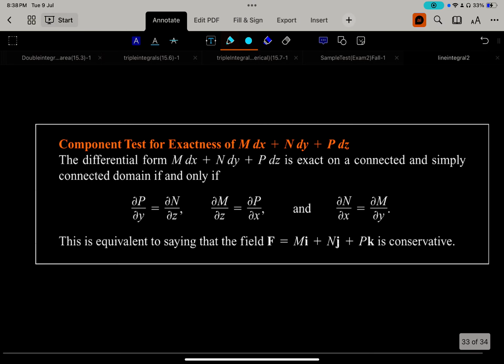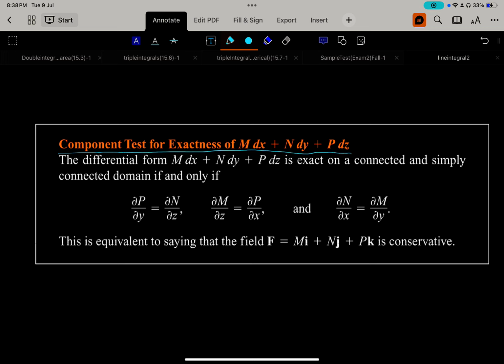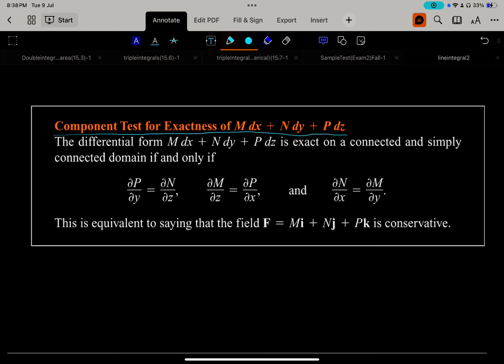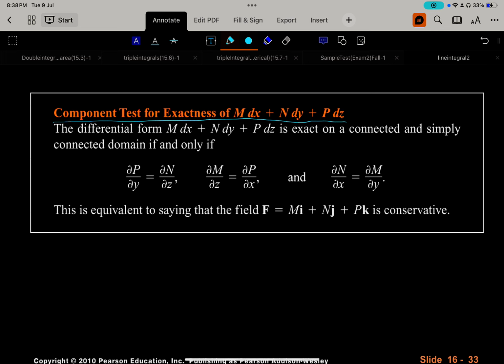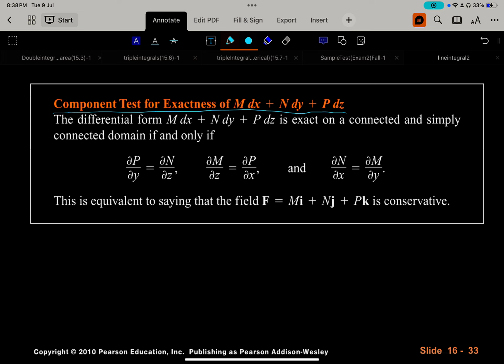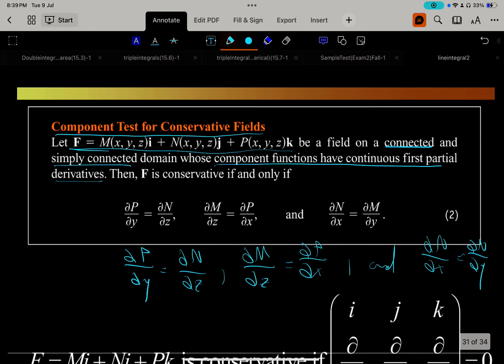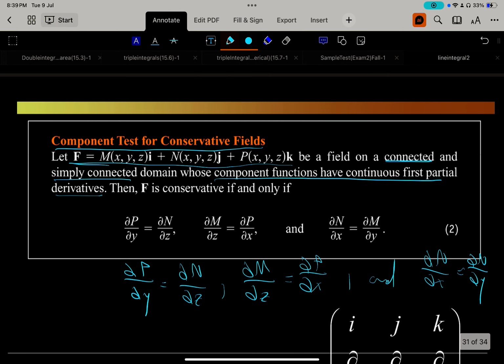And we have a component test for exactness of the form M dx plus N dy plus P dz. The differential form is exact on a connected and simply connected domain if and only if we have these conditions, which is basically the same as the i, j, k determinant.